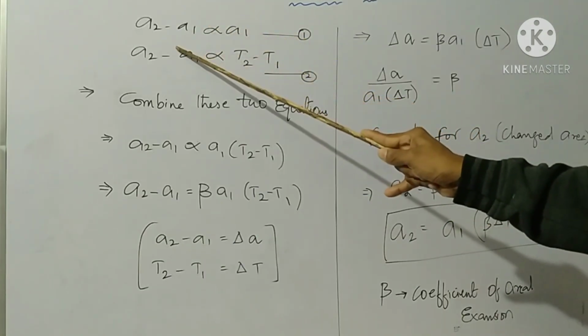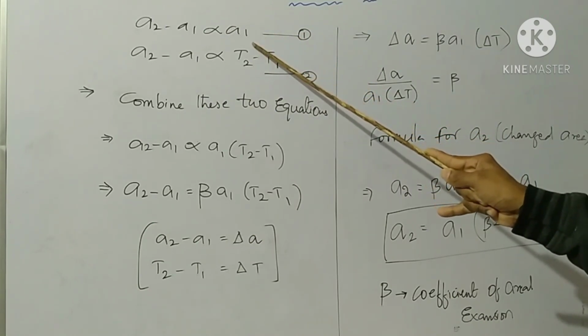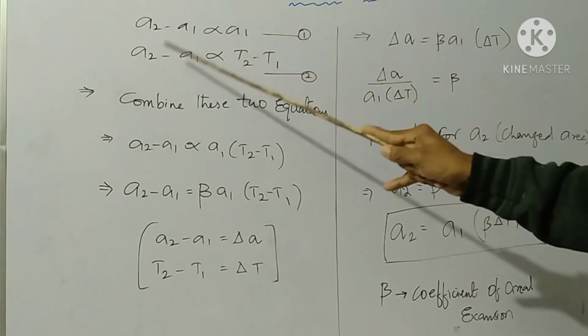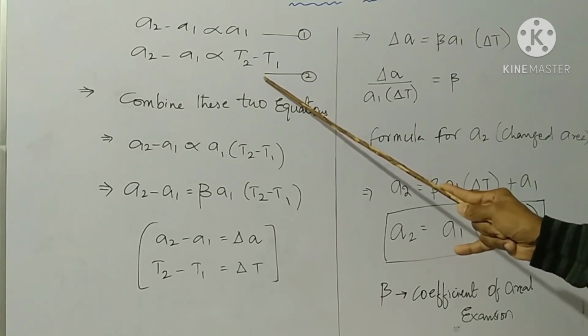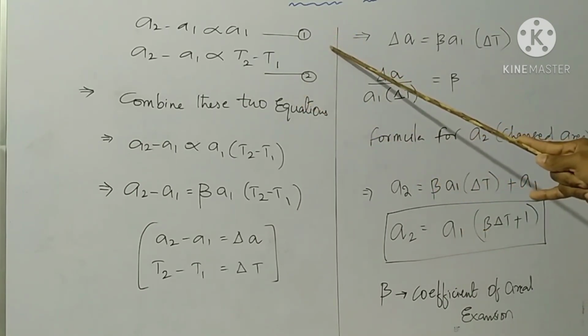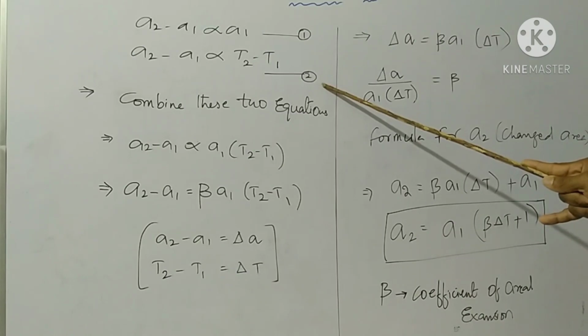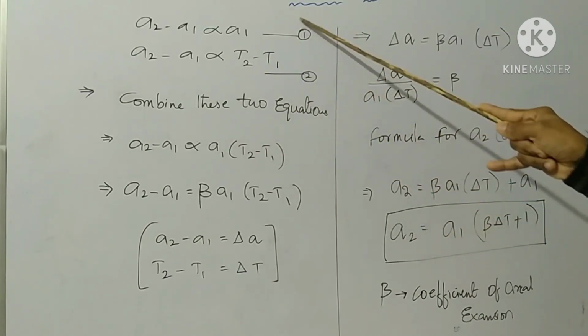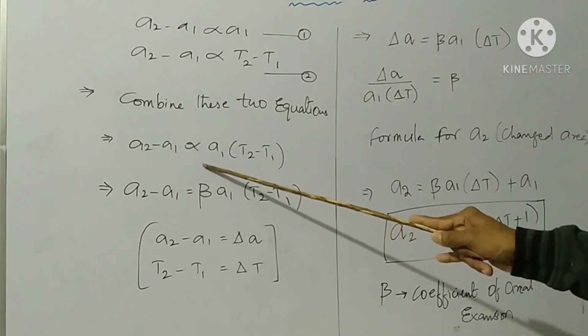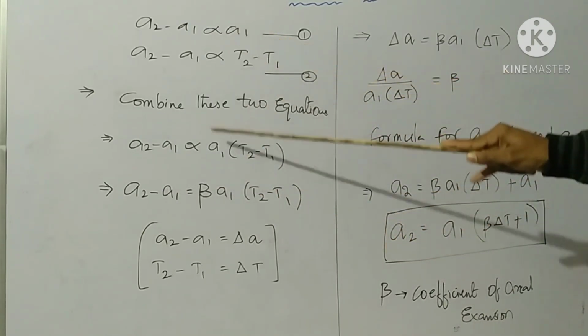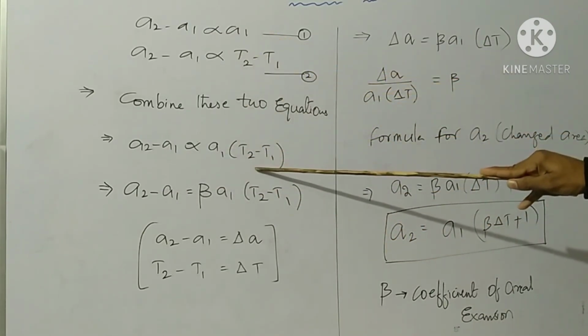This is equation 1, and this is equation 2. Combining these two equations, we get A2 minus A1 is directly proportional to A1 into the change in temperature.